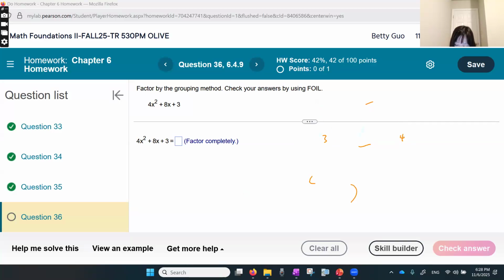I wish there's a button, right? Does Control Z work? Let's see if it works. Control Z. Yeah, it works. But what about here?